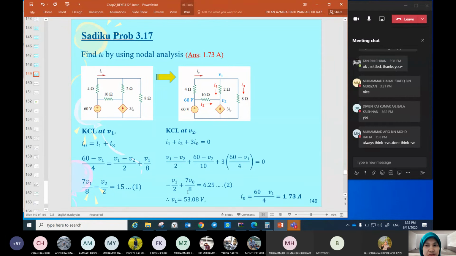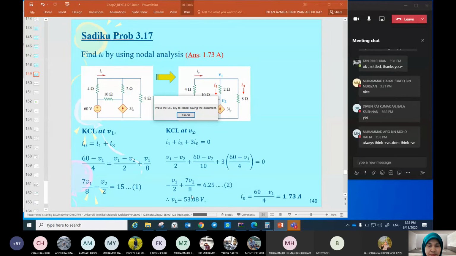Please rearrange so that you write V1 followed by V2. Please be consistent for both equations. And then from calculator you will get V1 and V2.